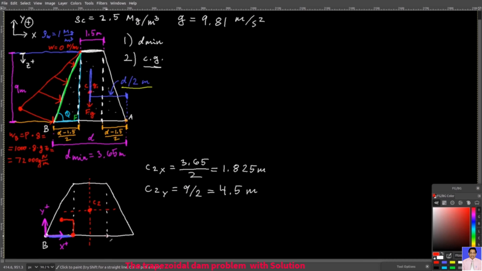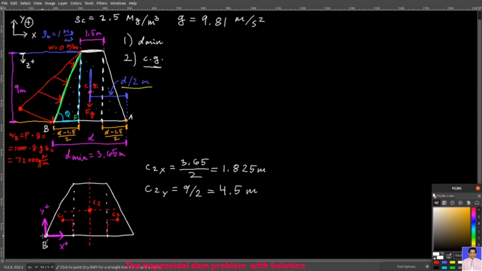And the same thing with the other right triangle: 1/3 of the total height up, and 1/3 of this entire distance to the right. So we can call this point C1 and this one C3.